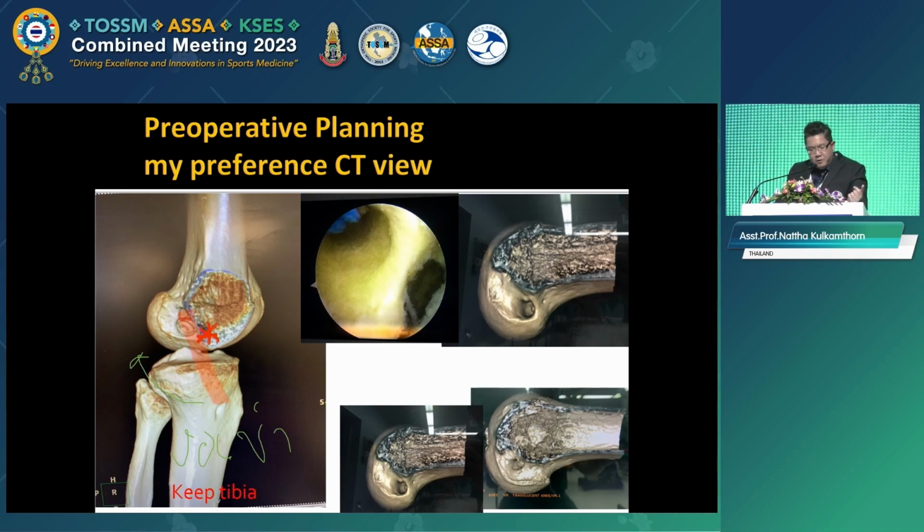because I could explain to my resident and my fellow that if you have a tunnel like this, you see it's a too anterior femoral tunnel. This patient should have a problem of limited knee flexion because the intra-articular graft is very short.